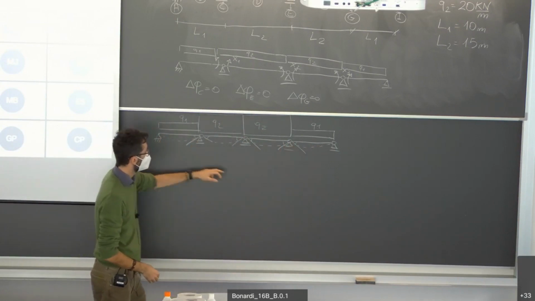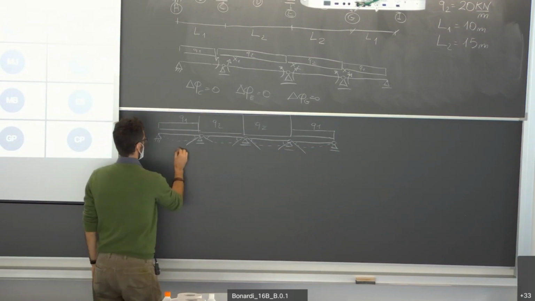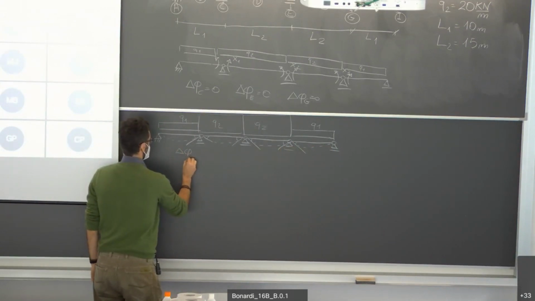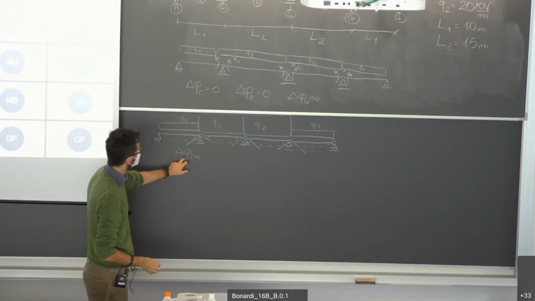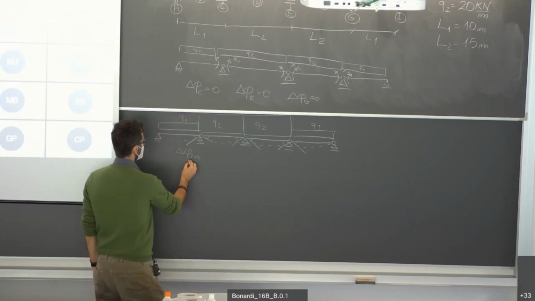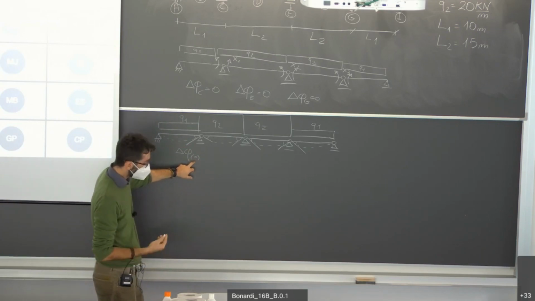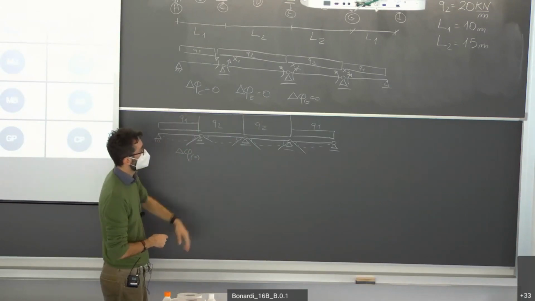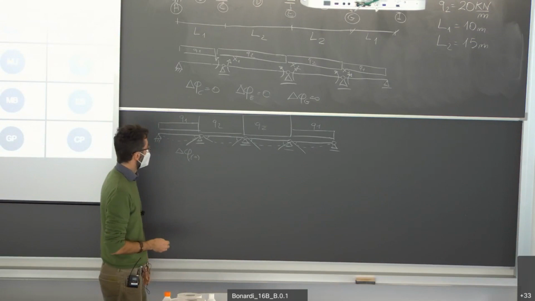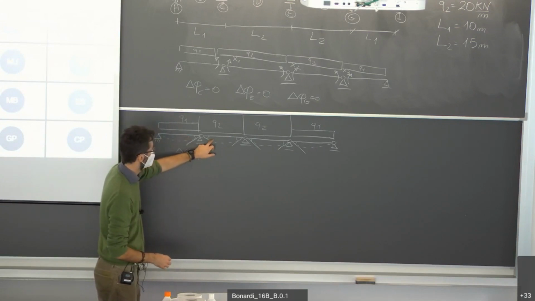We don't care about this, we don't care about this. So the relative rotation in node C associated to the load, which we can consider load case 0 because we are not considering the static unknowns, is this one plus this one.